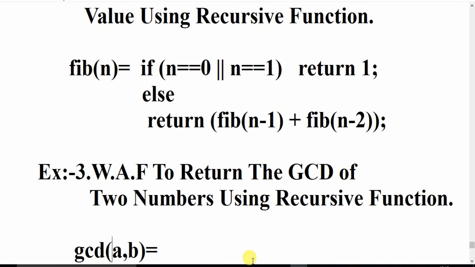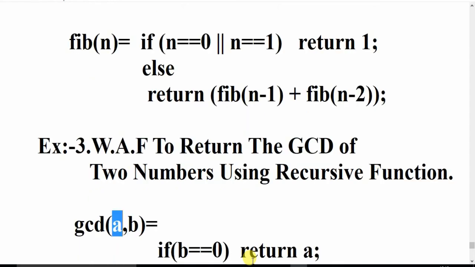Let us take an example: if a is 9 and b is 3, 3 is the greatest common divisor. If a is 6 and b is 36, 6 is the greatest common divisor. Similarly, if a is 25 and b is 0, for example, then the greatest common divisor is a.